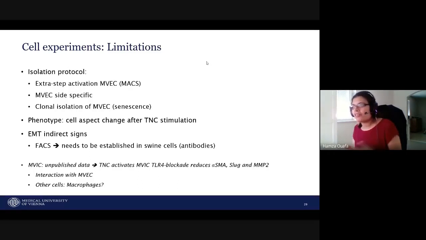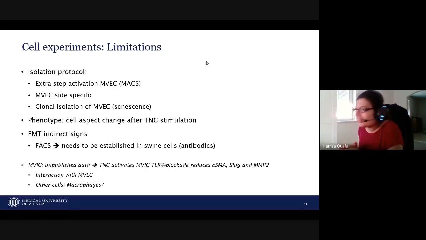Or should we have this extra step with the risk of activating them? Another aspect was that we should maybe have isolated our cells based on the side of the leaflet. But again, this would have involved an extra step, manipulating the cell too much, which is not very nice for our study because it can also activate it.